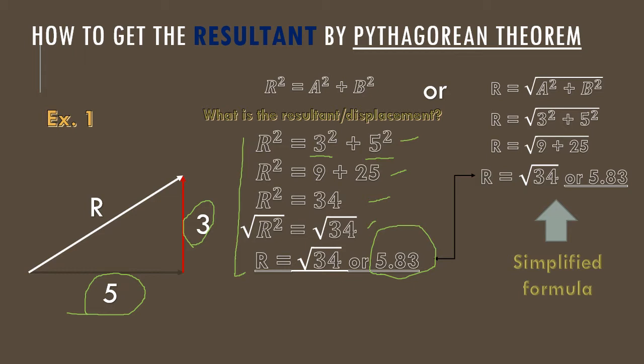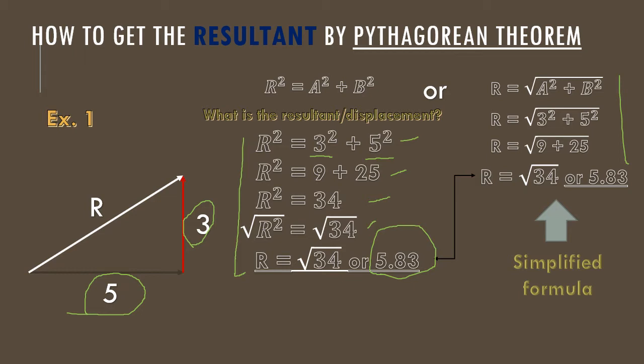Then, equal. So, dito naman, itatype nyo na agad yung square root. Then, 3 raised to 2. Yung raised to 2, yung x, tapos may 2 sa taas. Yan yung squared. So, plus 5 squared.